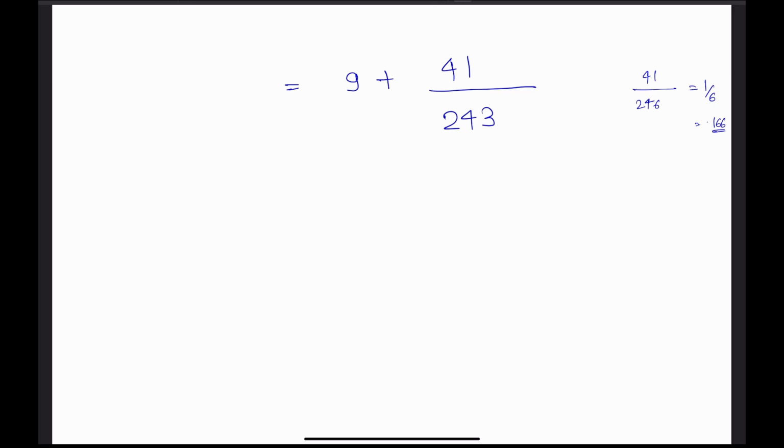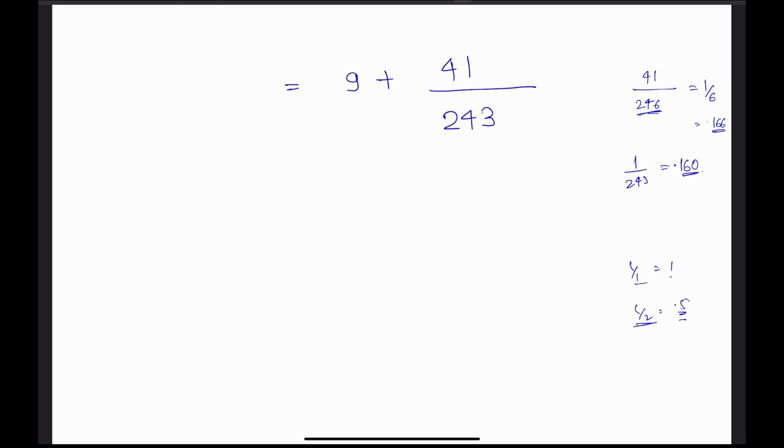But this is 243, so just like 1 by 1 is 1 and 1 by 2 is 0.5, as the denominator is increasing, the value will decrease. So it will be only 0.16.